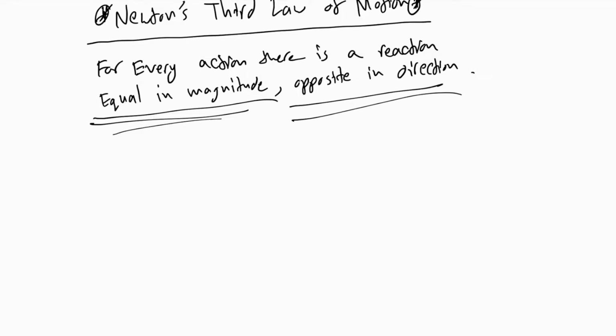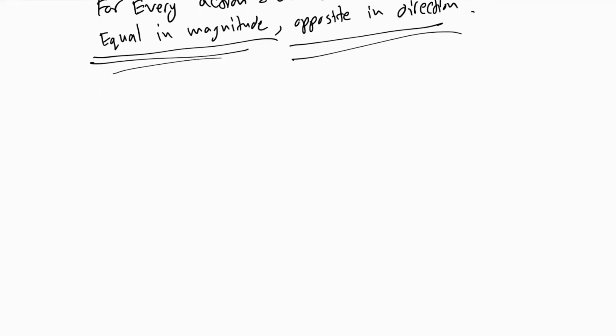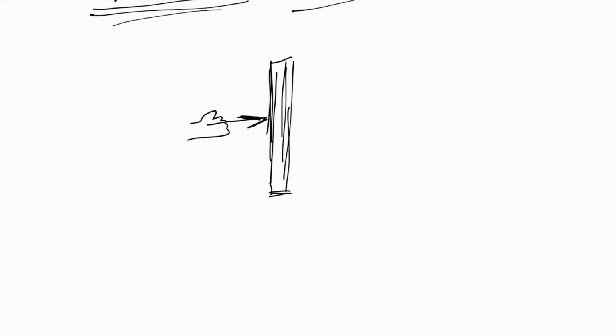What does that mean? If you apply a force, let's say you are standing in front of a wall, and you're going to be pushing the wall with 10 newtons.